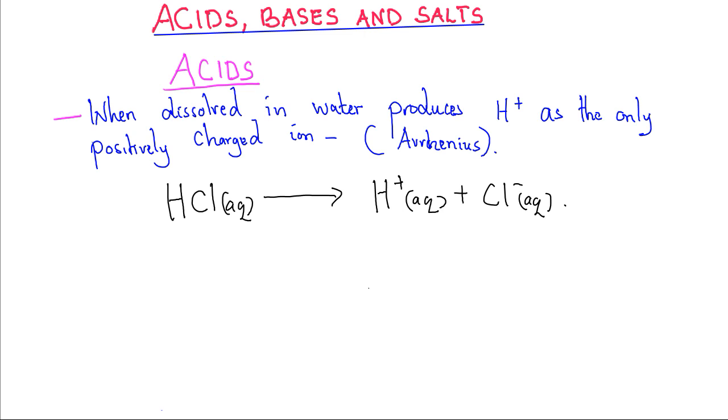From these ions, we are able to tell there is a cation and an anion. The cation is the positively charged ion, which from this ionization we only have a hydrogen ion. Therefore, hydrochloric acid is an Arrhenius acid.